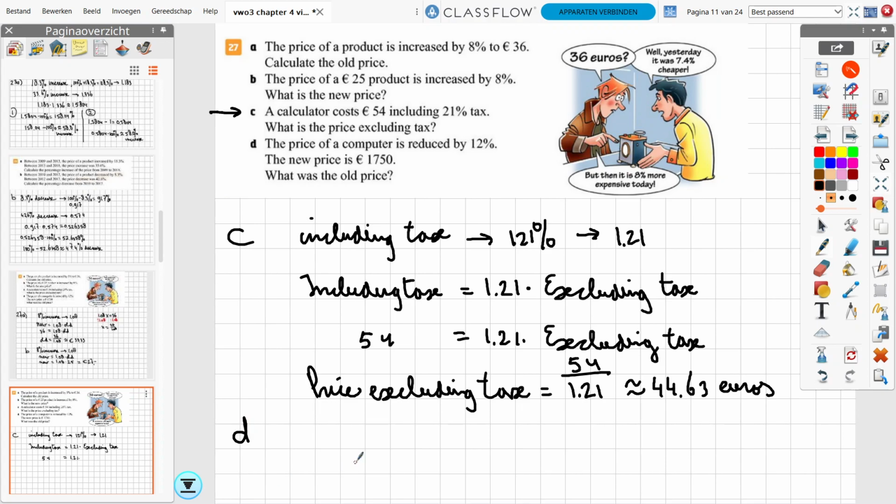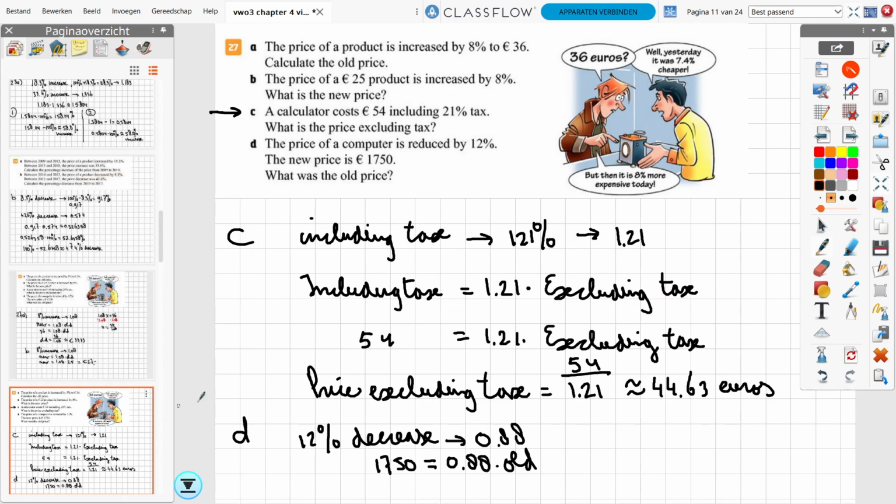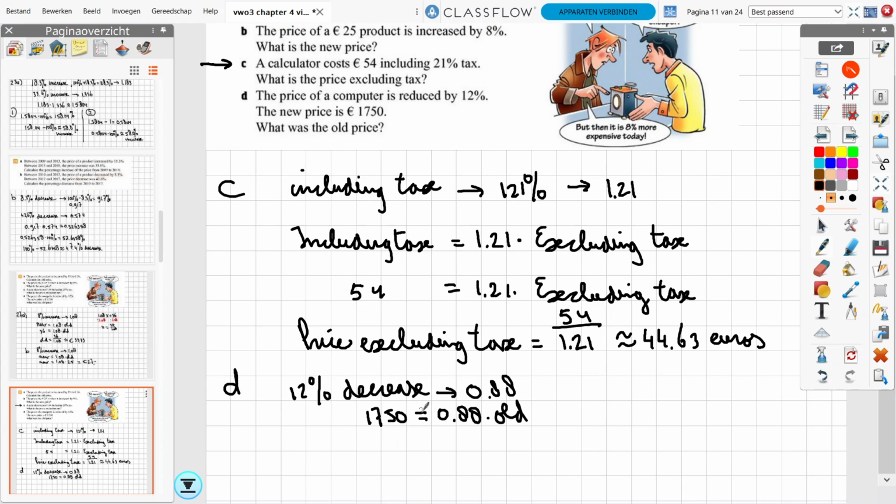The price of a computer is reduced by 12%. Okay, 12% decrease, so it gives me 0.88. The new price is 1750. You can immediately write this down as well, right? So new, 1750, is equal to 0.88 times old. Now, skipping that step that I did before with writing down new first, we immediately write: new 1750 is 0.88 times old.